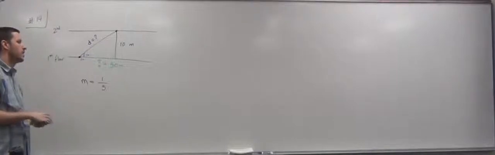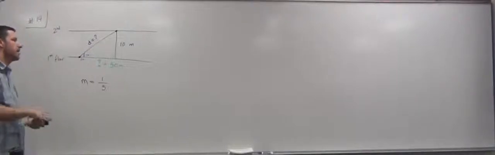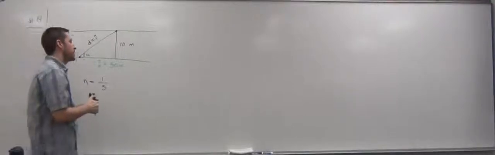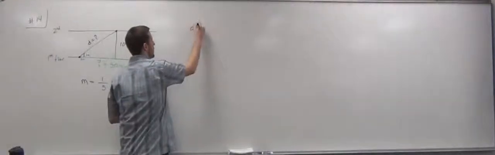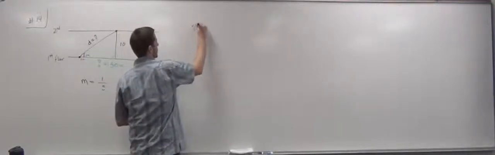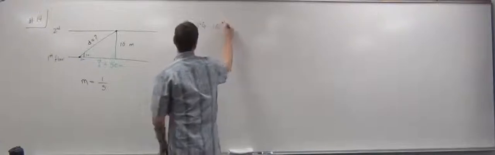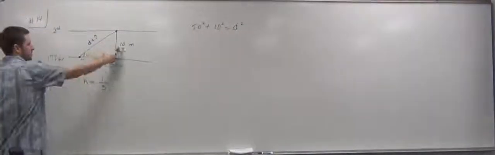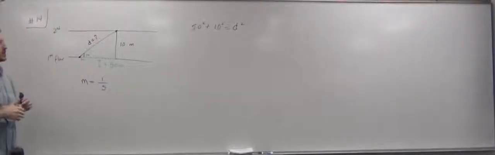So that still doesn't actually solve the problem, right? We still need to solve for d. So to get to d, I would write the equation 50 squared plus 10 squared equals d squared. Right, Pythagorean theorem, a squared plus b squared equals c squared.